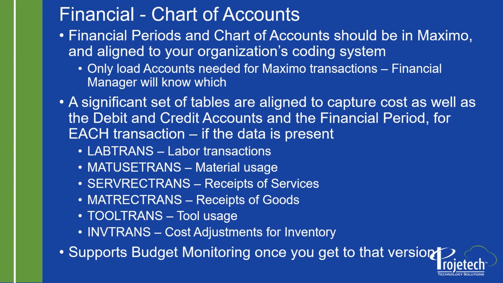So if you want to know where your dollars are going in terms of your general ledger, you'll want to make sure your chart of accounts is in place and in use so that those records will be marked with the correct values, and analysis will provide you with greater detail around where those dollars are going.